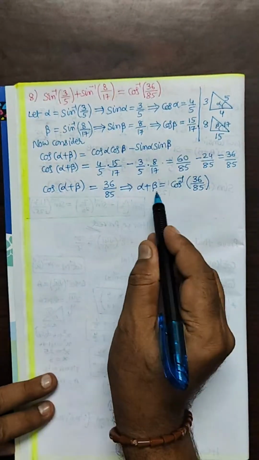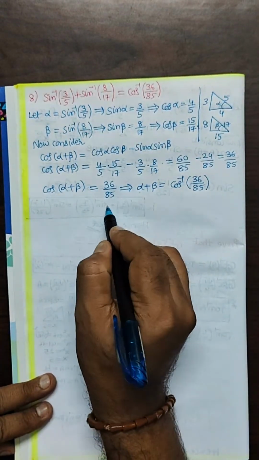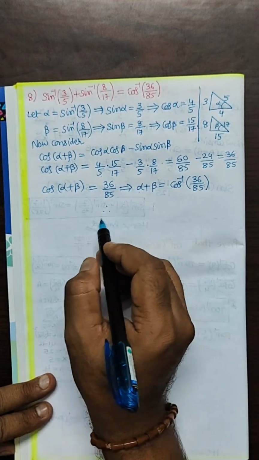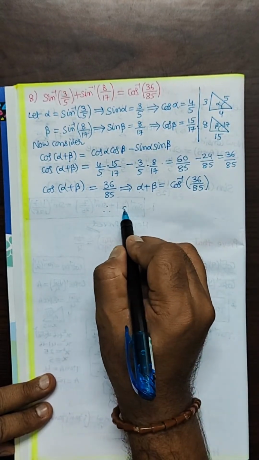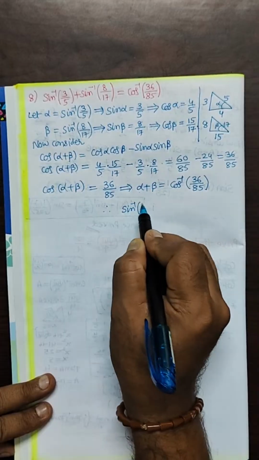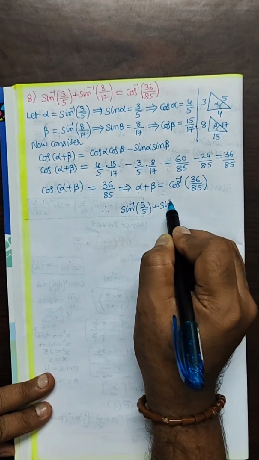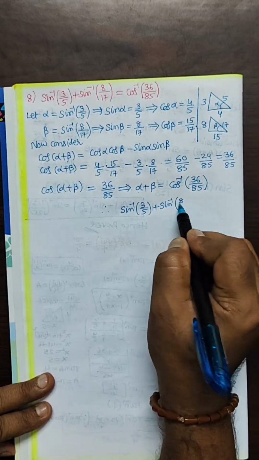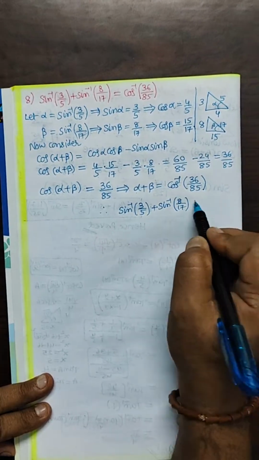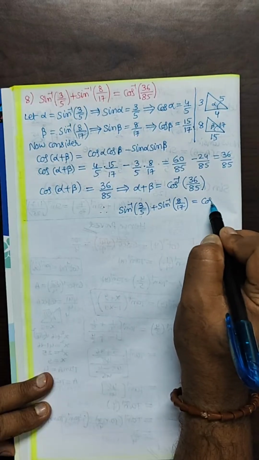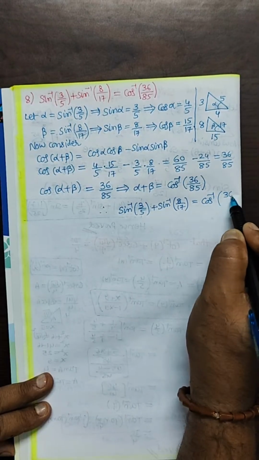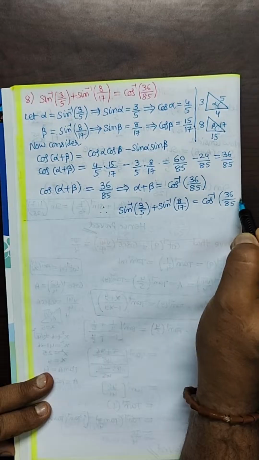Later, what is alpha, what is beta, we assume here. Therefore, sin inverse of 3 by 5 plus sin inverse of 8 by 17 is equal to cos inverse of 36 by 85.